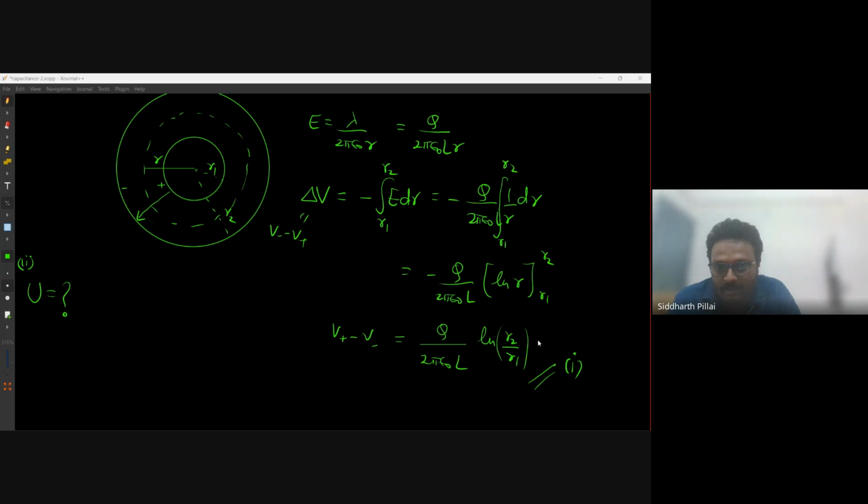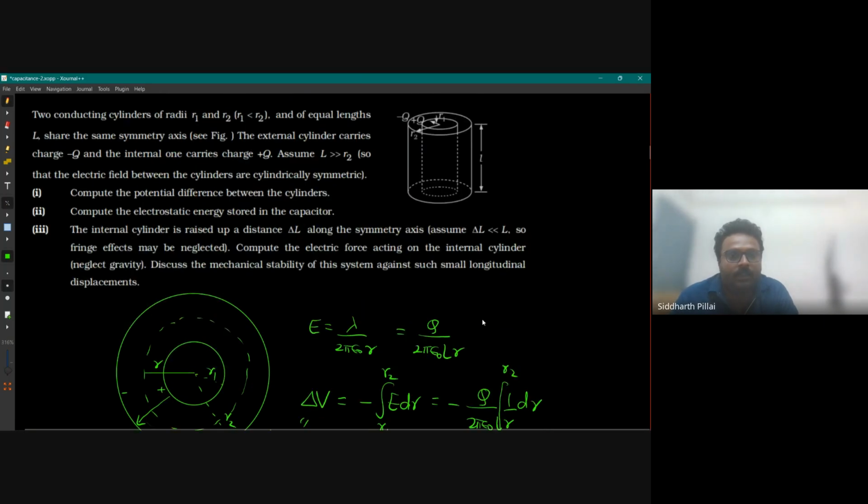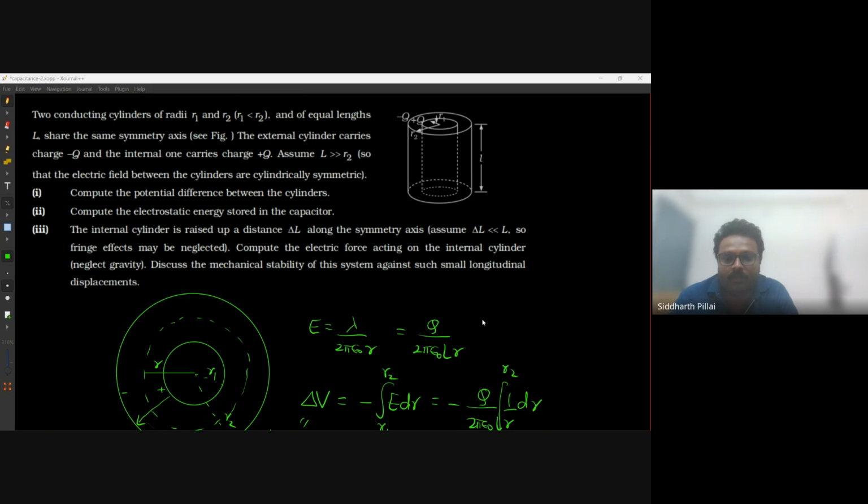Third answer is there from Charumati, which is KQ. What is the third question asking even? L square. Right. Okay. That is correct. Please solve the second one also.